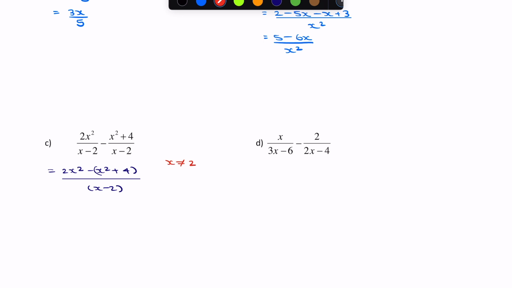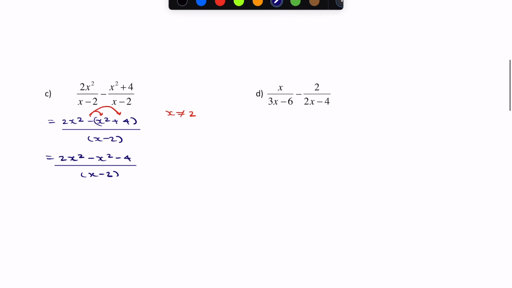Here we can expand, put the negative into both the x squared and the 4. And here we'll have 2x squared minus x squared minus 4 over x minus 2. Here, if we collect the like terms, we have x squared minus 4 over x minus 2.